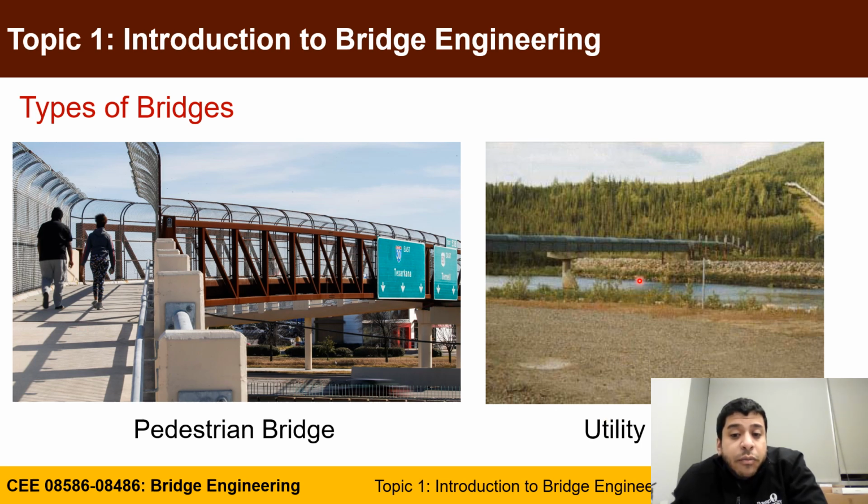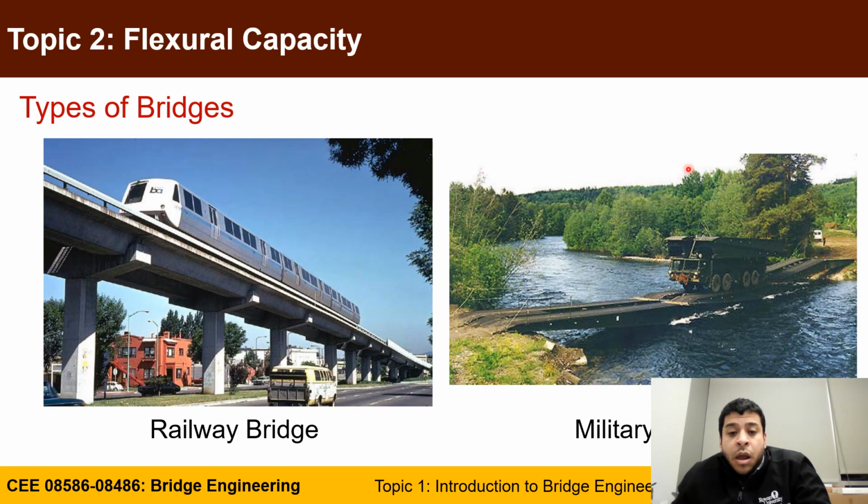Also, there is a type of bridge called a utility bridge, which is pretty much built to pass electrical cables, internet cables, and some other utilities. You also have railway bridges, which are meant to carry transit or railway modes of transport.